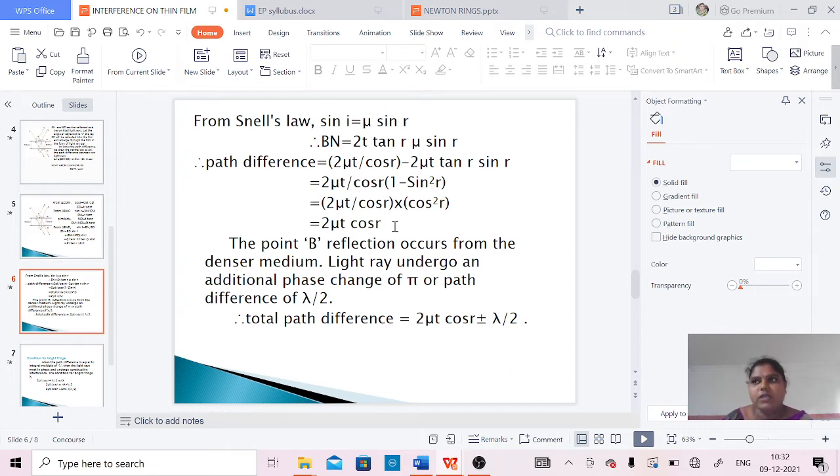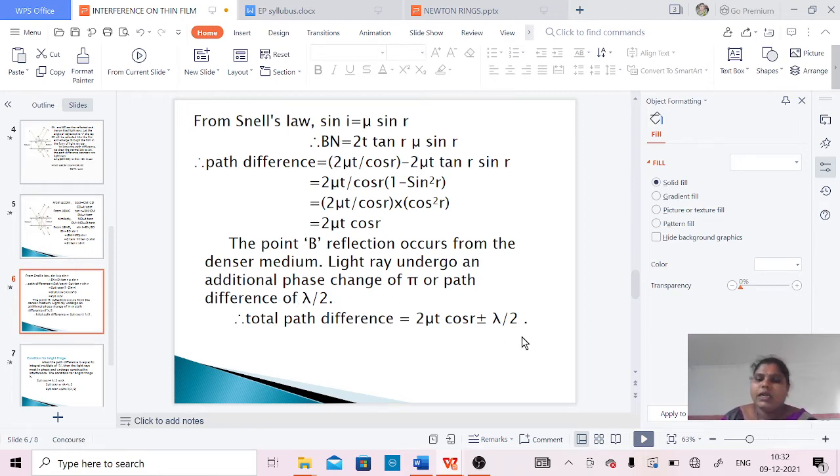So the total path difference is 2 mu t cos r minus lambda by 2, because the additional path difference is lambda by 2.